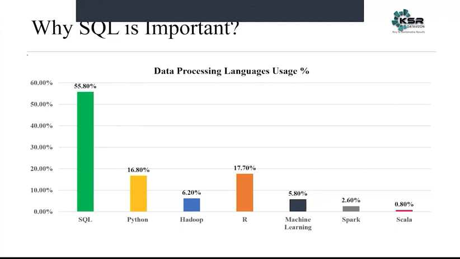Okay. Now, this is a chart where you are seeing the percentage of usage for processing data. Python, I don't remember the exact date when it was launched, but first SQL was launched and then Python. After Python, I think around 2004 Hadoop was launched. I don't exactly remember when R was launched.